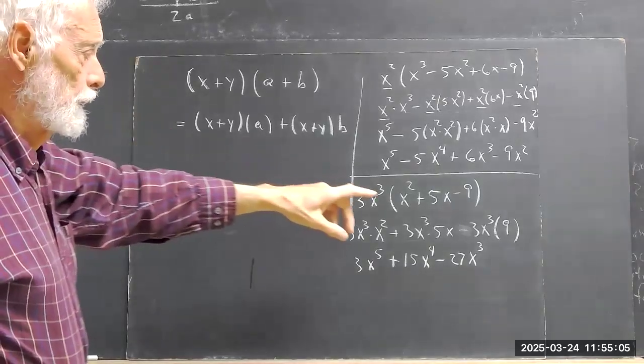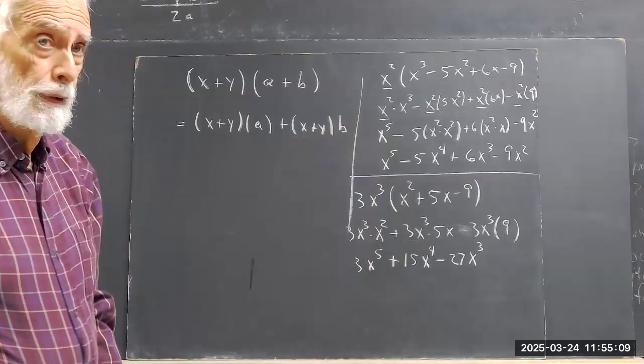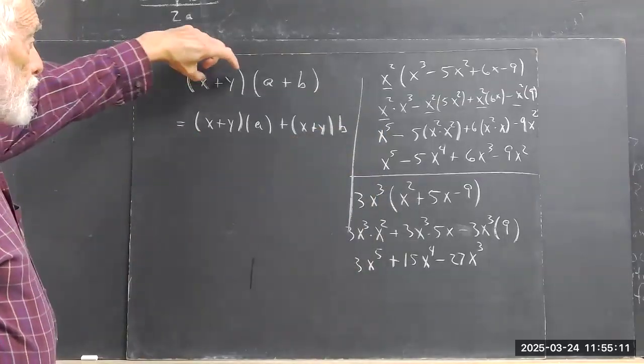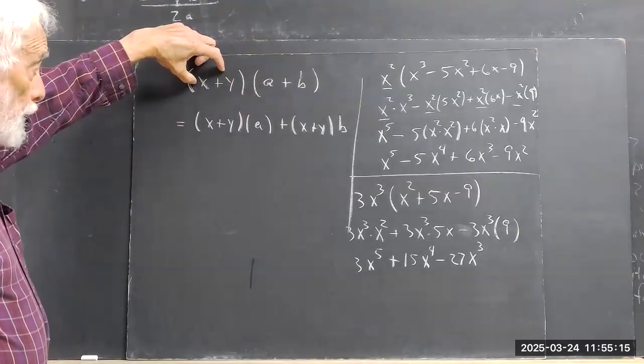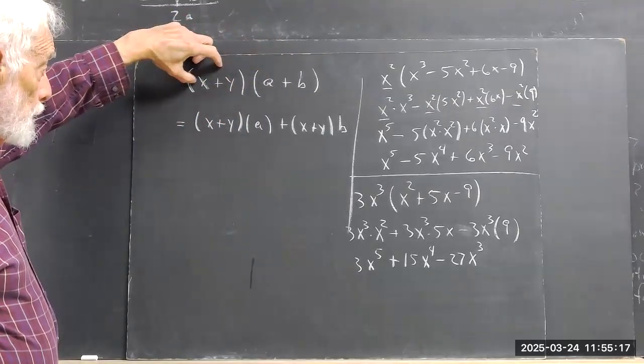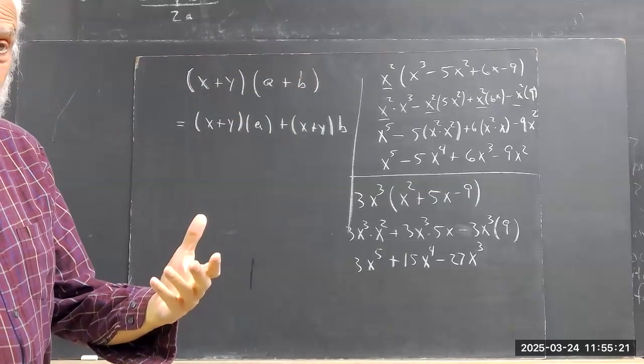So far, it's not really different from what we did here or here. This thing's out in front, it multiplies a plus b. So we multiply this thing by a, and we multiply this thing by b. That makes sense?